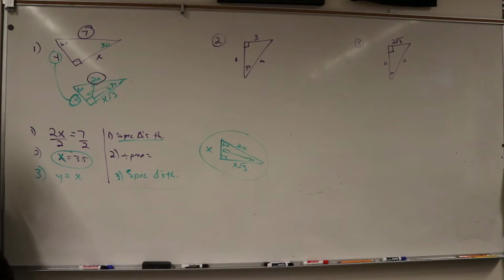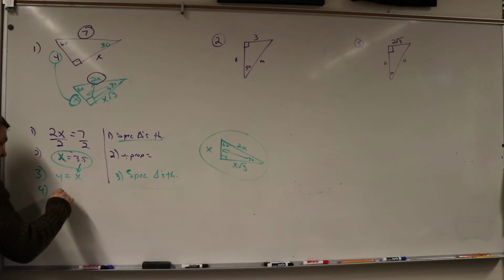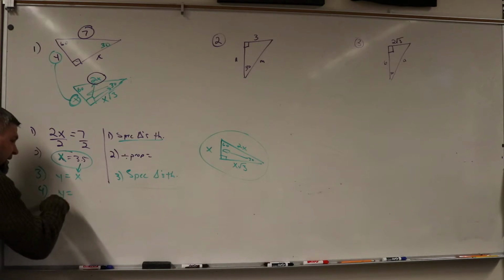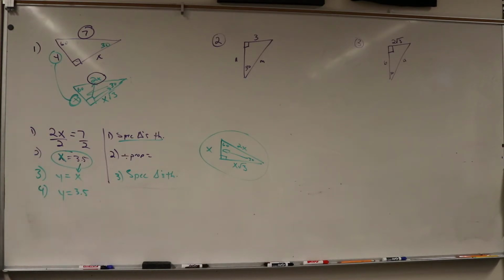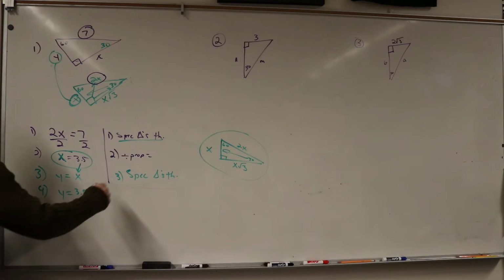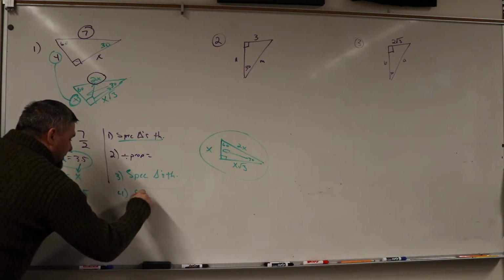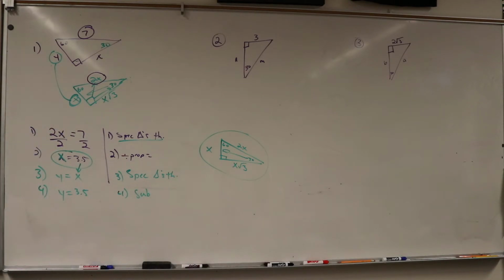Okay? So now what do I do? I can substitute. So step 4, y is equal to 3.5. Correct? So y is 3.5. And that is substitution, because we're just plugging it in. Very easy. Does that make sense?